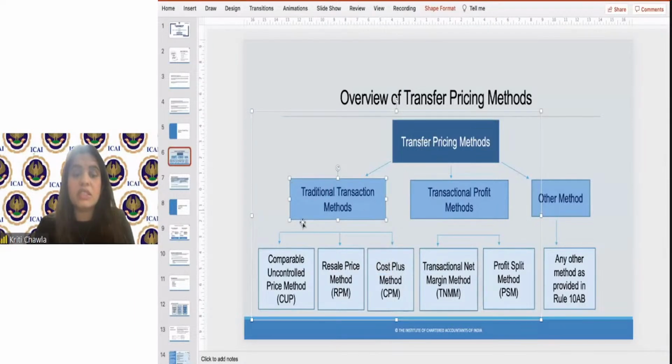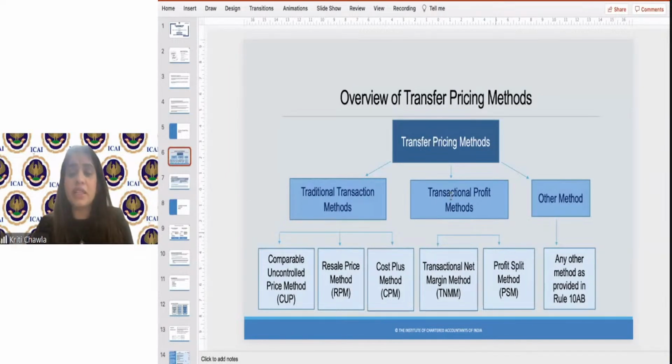So these 3 deal with something called the price situation. They are called traditional transaction methods. Right now it might just sound very overwhelming to understand these 3 methods, but going forward, we'll be discussing these 3 methods in a lot of detail. So it's going to come in handy with time.